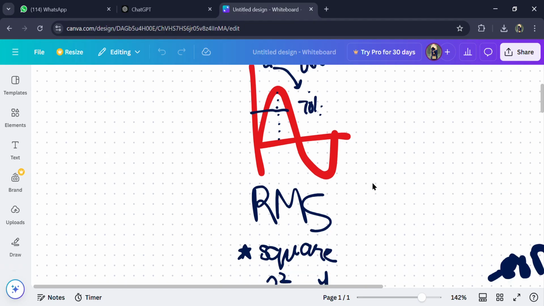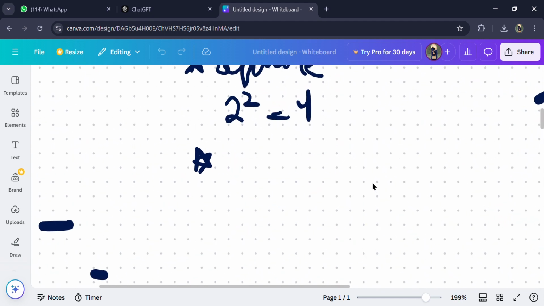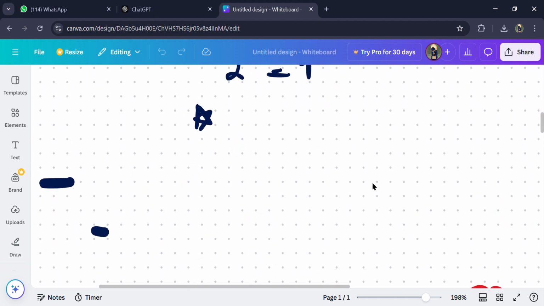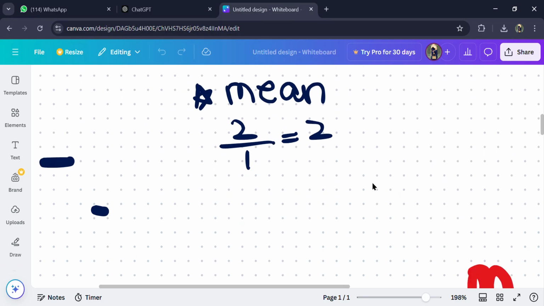Then, as the second step, we'll take its mean. Mean is another term for the middle value, or for the average. Here we have only one value, so we'll divide it by 1, so it remains 4.